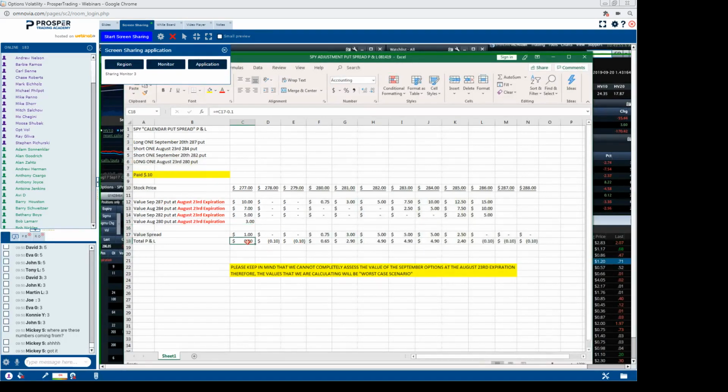So at a minimum, remember, I'm saying at a minimum because we're not counting in any premium that may be left in the options. At a minimum, we would make 90 cents with SPY down at 277 for our 10-cent investment. Because the value of this whole conglomeration here would be worth $1.